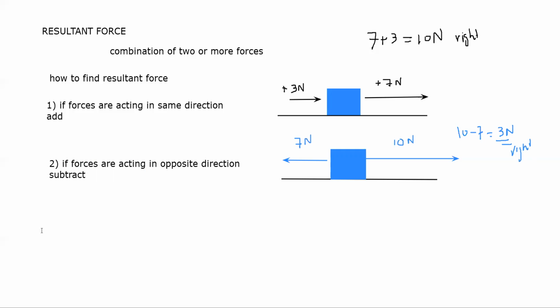The third method, if the two forces are making a certain angle, if the forces are making an angle with each other, there are three ways we can find the result.